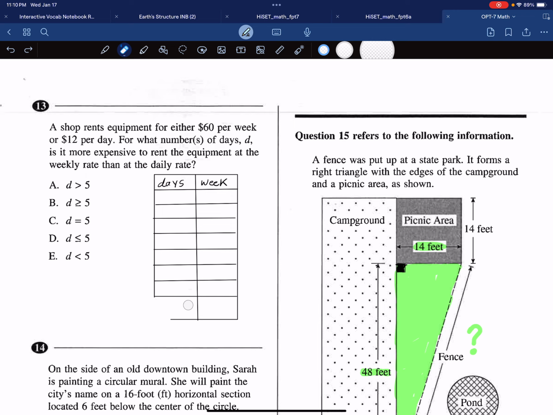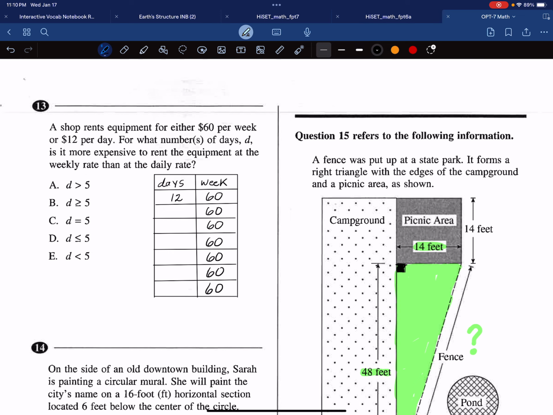Again, you don't have to do this, but if you're struggling with this problem, this is a good way to think it through. So 1 day is going to cost me $12, or I can rent the whole week for a flat $60. And really, I shouldn't be putting 60 in each, I guess. I should just do it for the whole week.